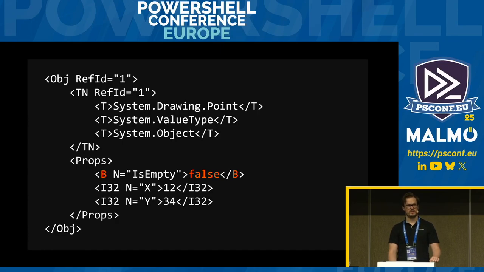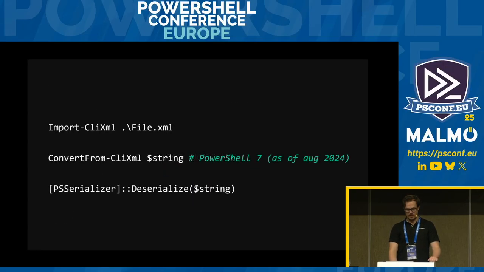And that is what happens when you do Export-Clixml and Import-Clixml. Those are the cmdlets we're talking about. When it comes to the importing, we have saved something to a file. We want to now restore it back into our PowerShell runspace. And we can do Import-Clixml, or we can do ConvertFrom-Clixml since fairly recently.